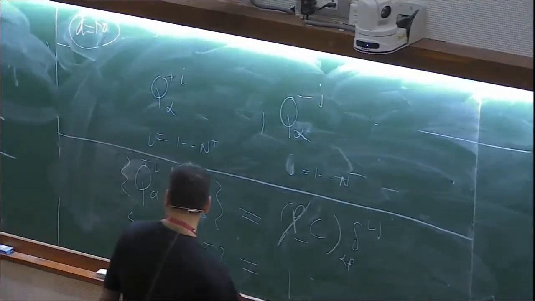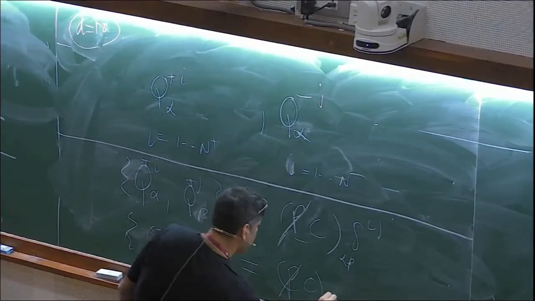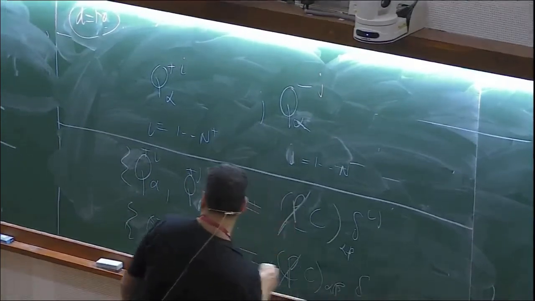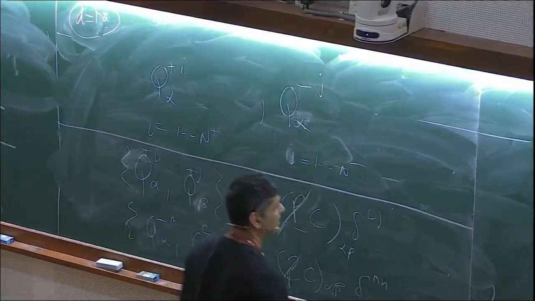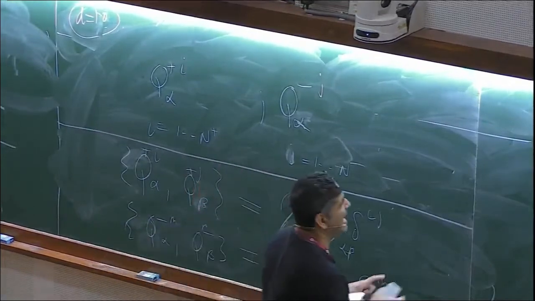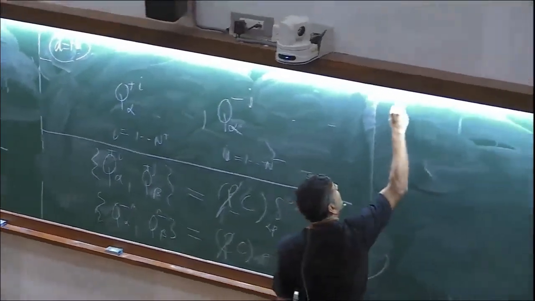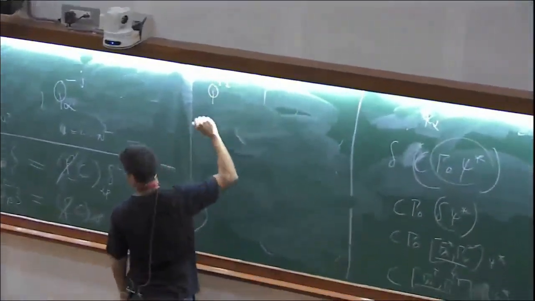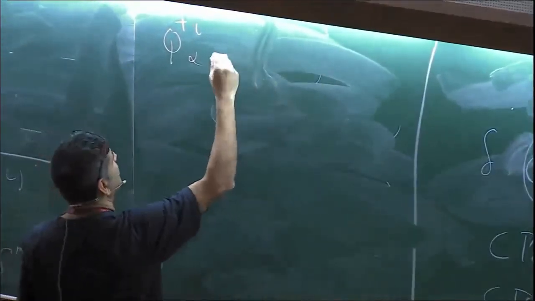Similarly, Q minus alpha, Q minus beta is equal to P slash C, alpha beta, delta, let's call this m n. And Q plus I alpha, I hope I've got it right. Let me just check I've not interchanged.